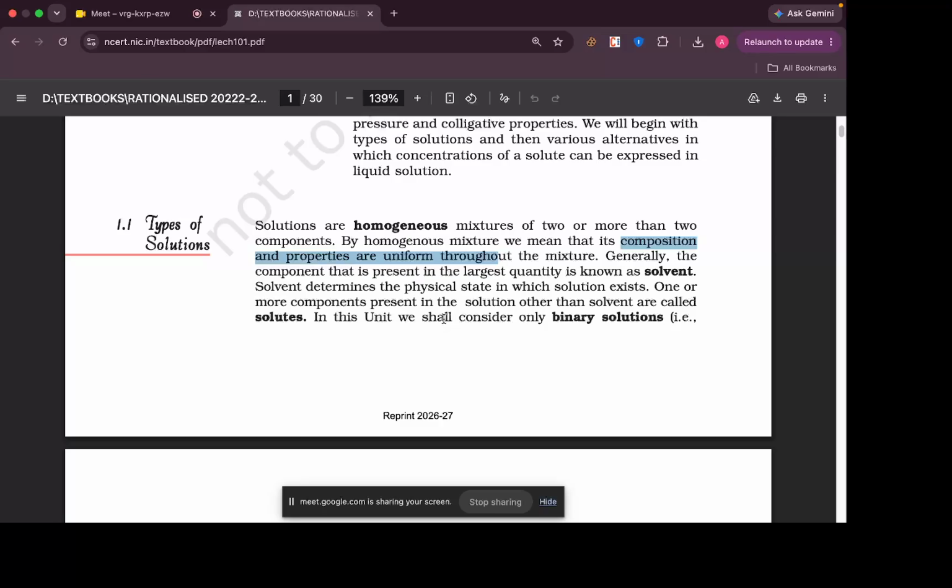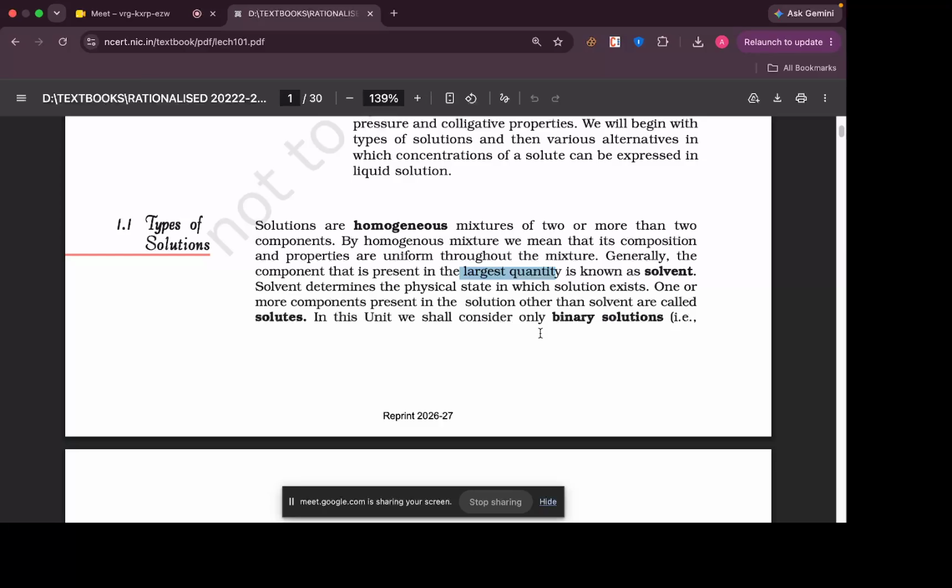Solvent I know. One or more components present in the solution other than solvent are called solute. So what are they telling here about solute and the solvent? Please remember, solvent is in the largest quantity. Let's say you are taking water and a salt. Is salt in large quantity or is water in large quantity? Obviously water.